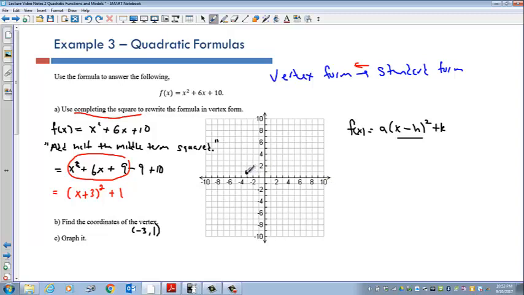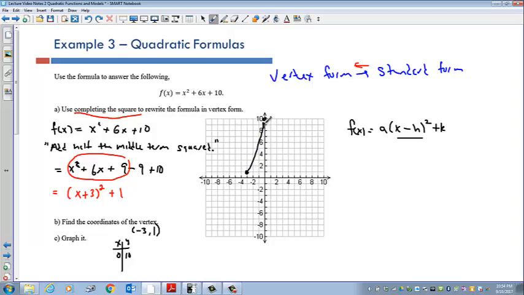So here's my vertex right here. And then to graph this, I know it opens up, but you probably want to get one more point. The easiest point typically to get for a function in general is if you plug in 0. So you plug in 0 to this formula, this will be 0, this will be 0, and you're just going to get out the number 10. And so it must go through 10. And then we simply connect these dots the best we can, which can sometimes be difficult, but just try the best you can.